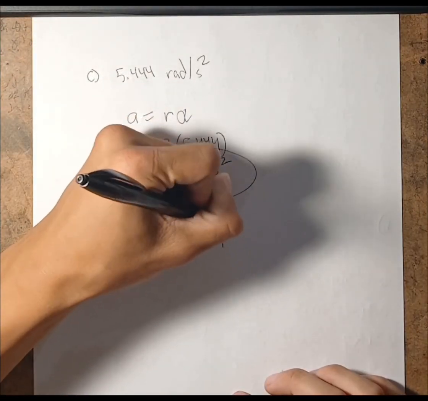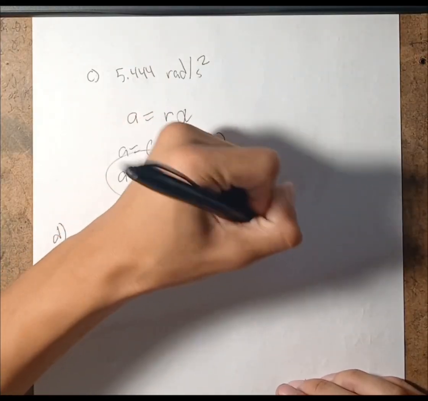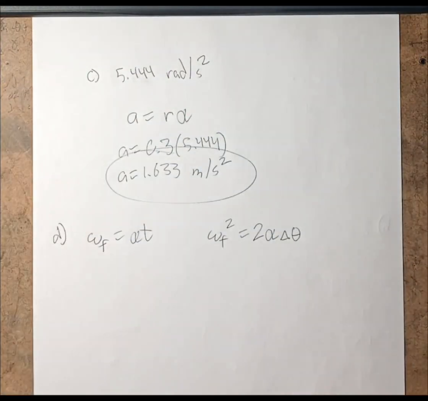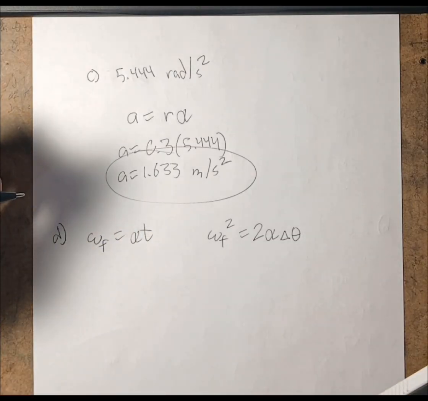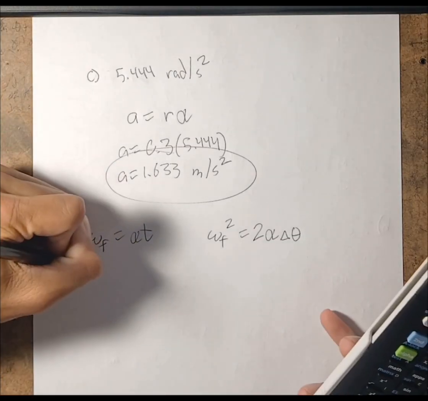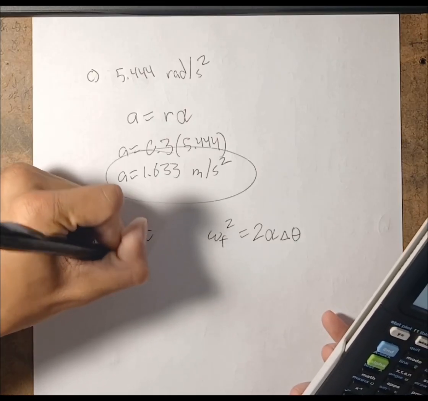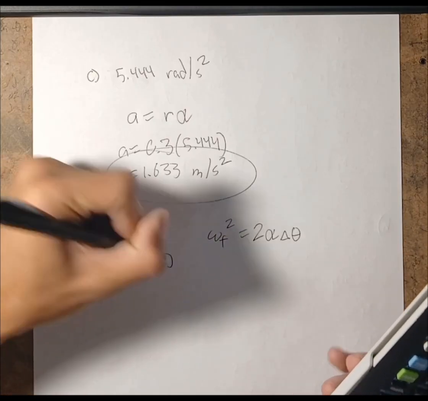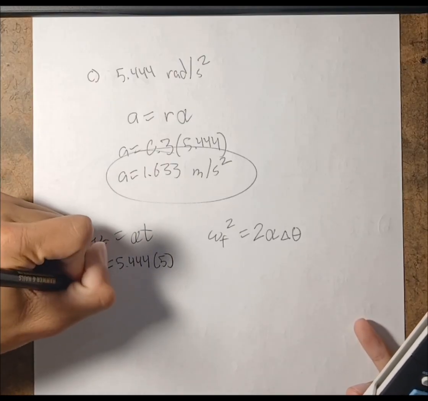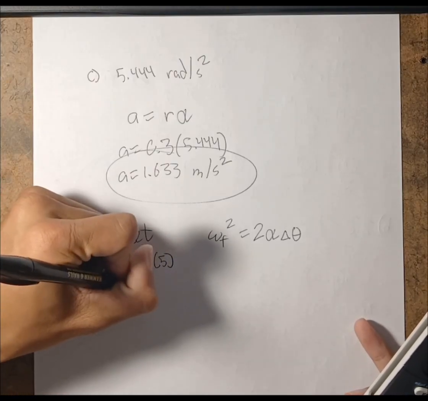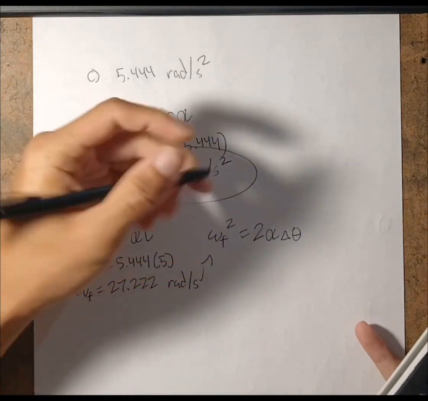And omega F squared, again no omega I, so 2 alpha delta theta. Now, we know the angular acceleration of the cylinder is 5.444, and then plug in 5 for T. And so omega F equals 27.222 rads per second.